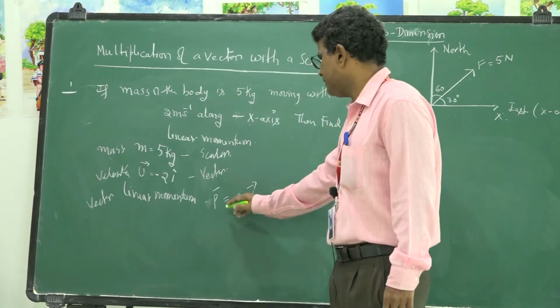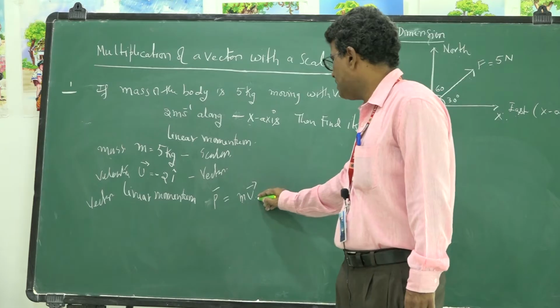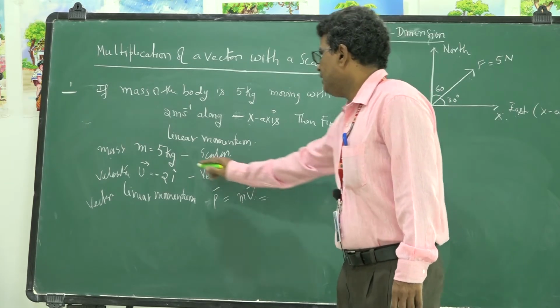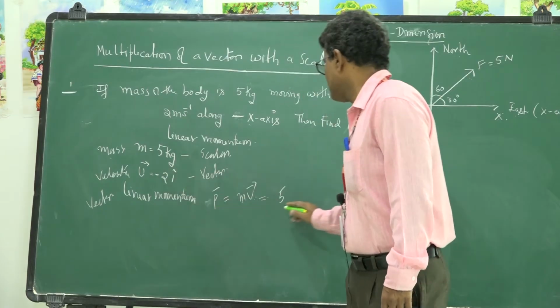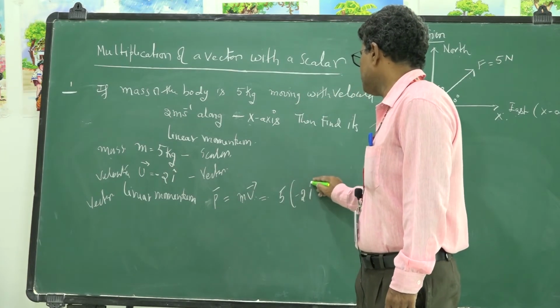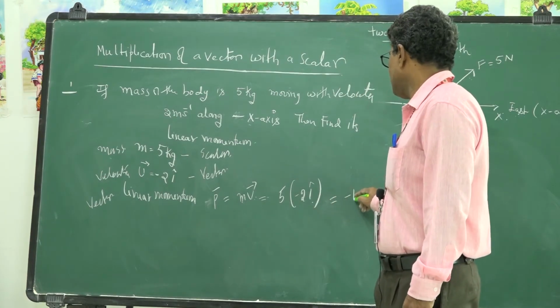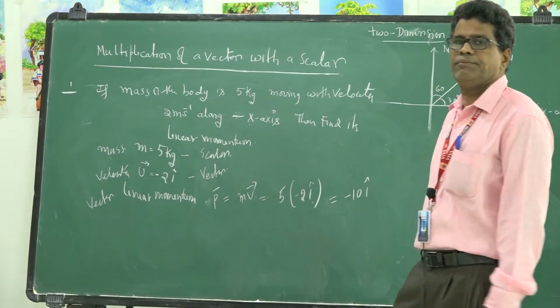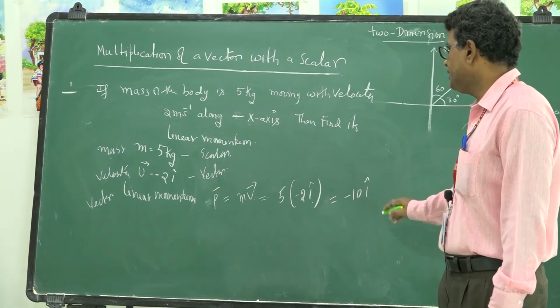How do you get this vector? Multiply the scalar with m v bar. What is m? m is 5 and its velocity is minus 2 i cap. So what you will get is minus 10 i cap. What are the units?